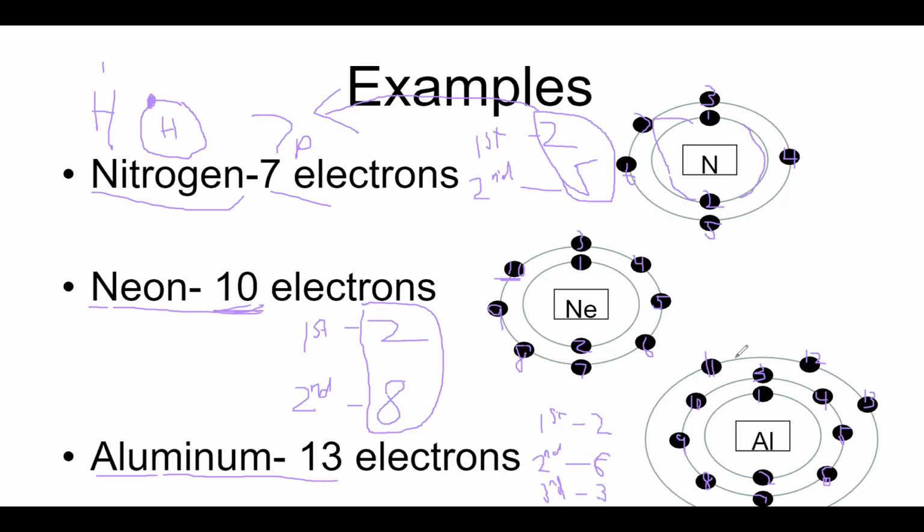So we've got 3 electrons hanging out on our 3rd shell out here. So 2 and 8 and 3 together gives us 13 total electrons: 2 on the first shell, 8 on the second shell, and the remaining 3 on our outer 3rd shell.